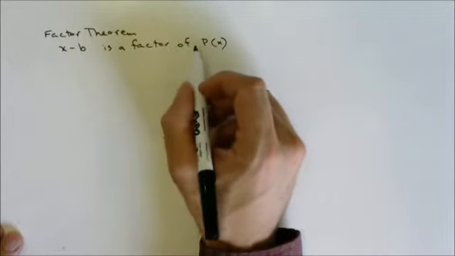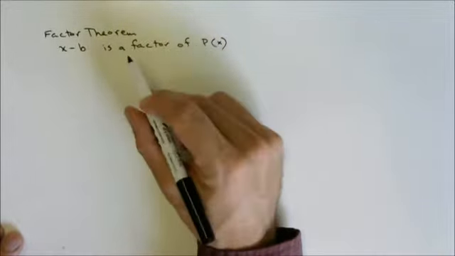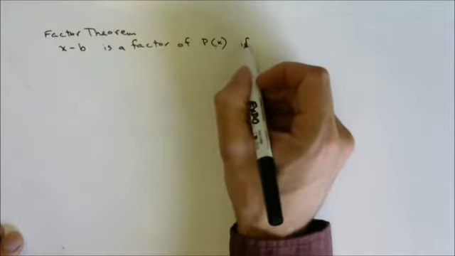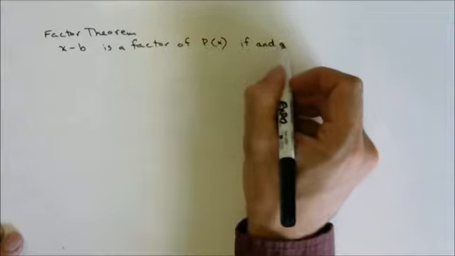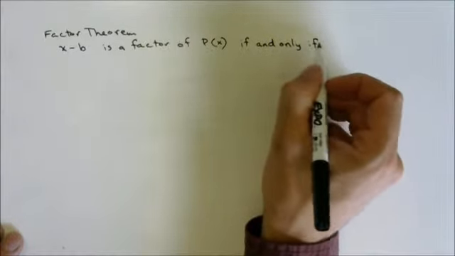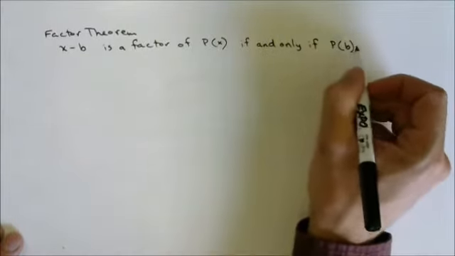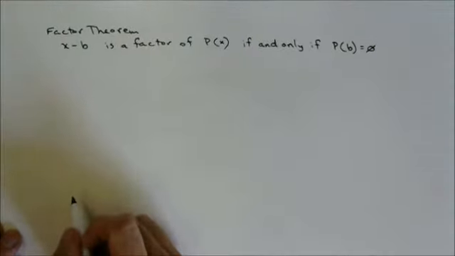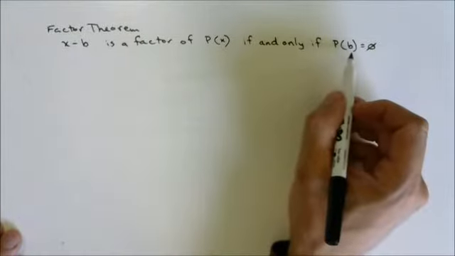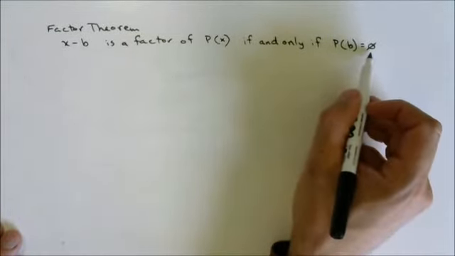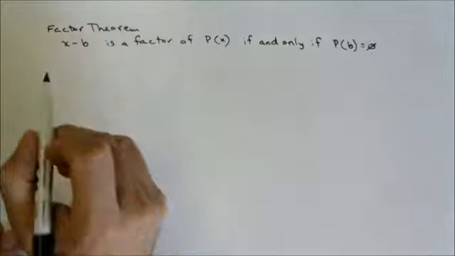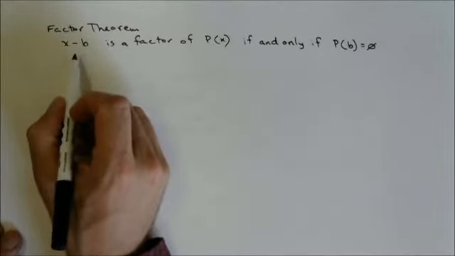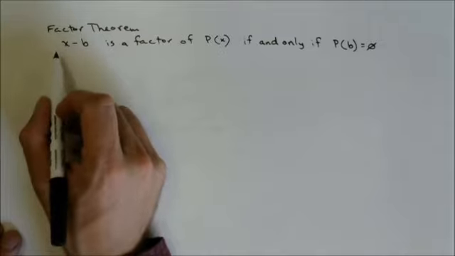If you're not sure what that is, then write the word polynomial in front of it. x minus b is a factor of polynomial p of x if and only if p of b equals 0. So if the value of the function at b is 0, then we know that x minus b is a factor.